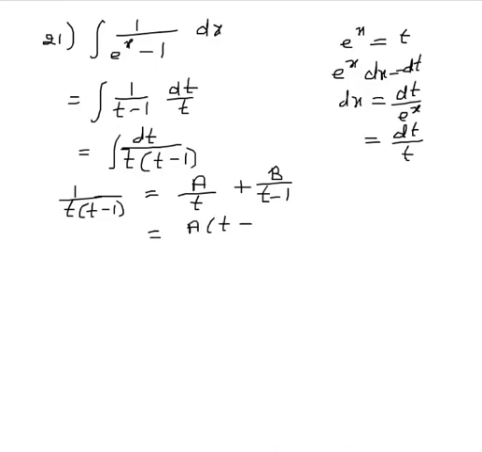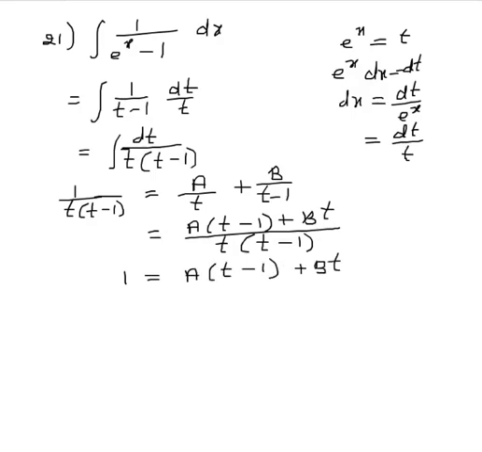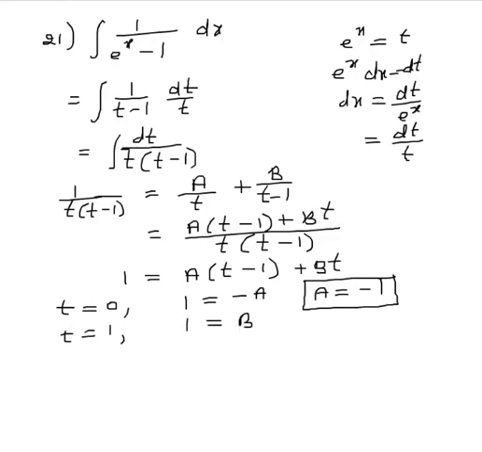Take LCM and equate the numerators. Let t be 0. We get a as minus 1. Let t be 1. B is 1.